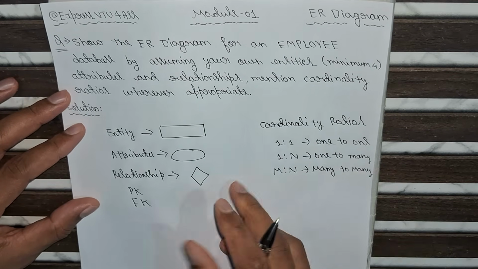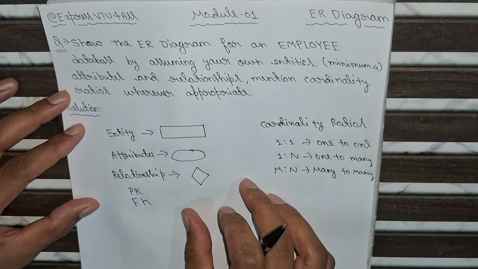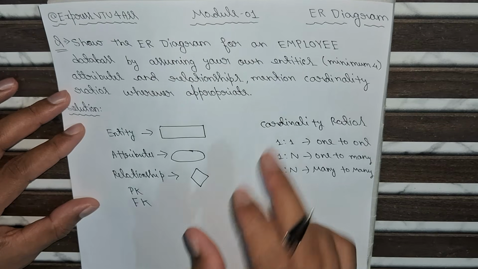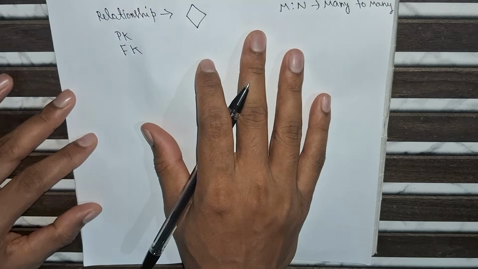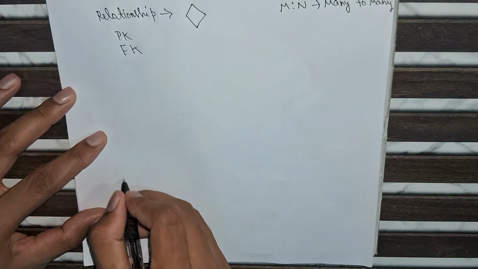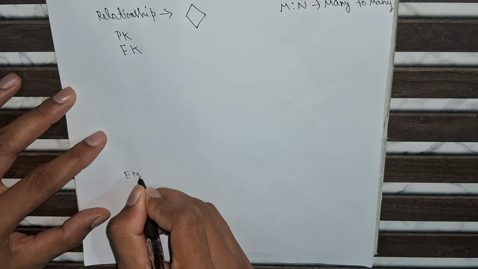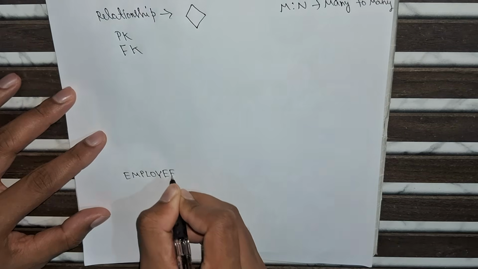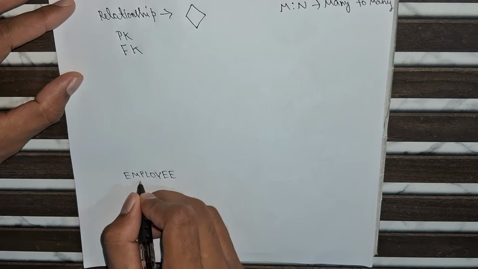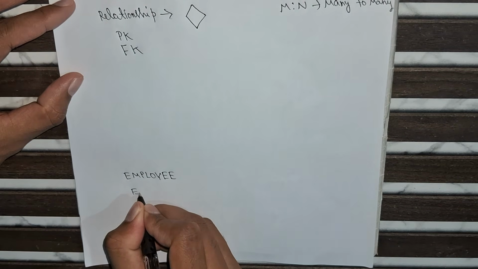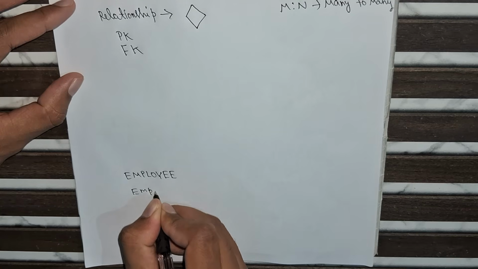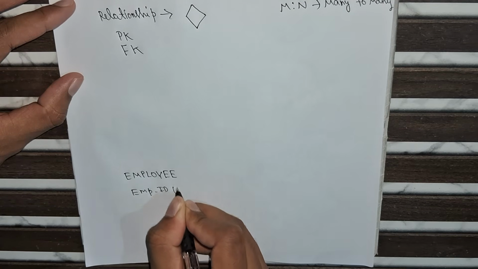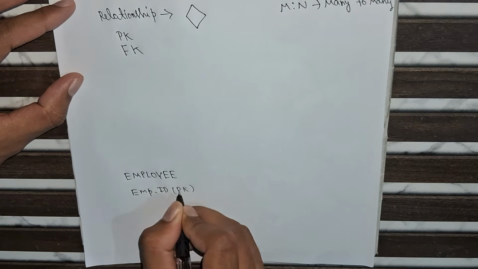So now we are using all these notations and representations to draw an ER diagram for an employee. We are starting from employee here, so I am writing here employee. Now under employee we will write employee ID, which is our primary key. It cannot be changed.